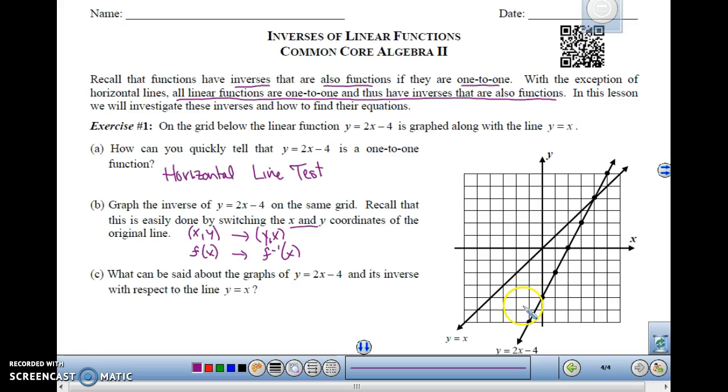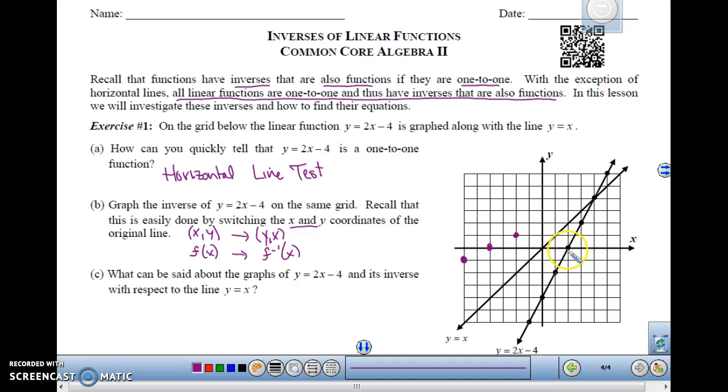So this first point right here is -1, -6. So its inverse will be -6, -1. 0, -4 will be -4, 0. This point right here is 1, -2, so this will be -2, 1.